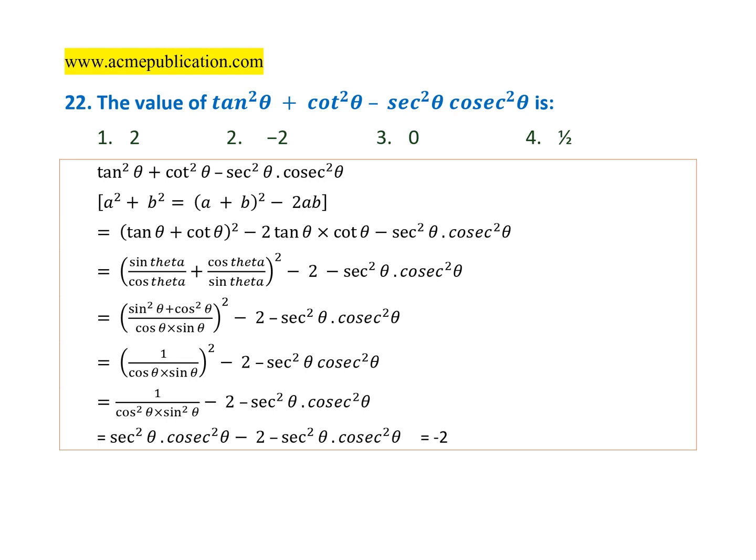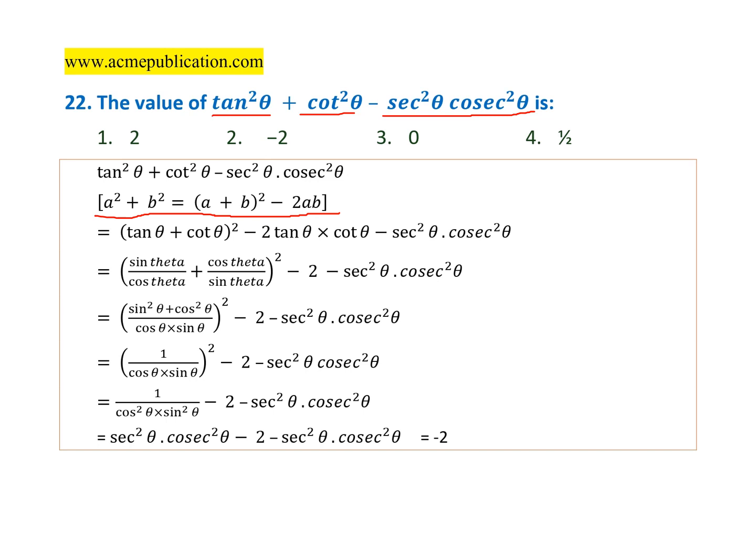Question 22. The value of tan square theta plus cot square theta minus sec square theta into cosec square theta. To solve this question, we will use the formula a square plus b square is equal to whole square of a plus b minus 2ab.